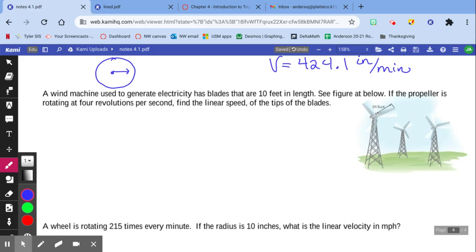A windmill is used to generate electricity. The blades are 10 feet in length. That's going to represent my radius. We've got a figure below to kind of help you. So these are going to spin around. It says the propeller is rotating at 4 revolutions per minute.